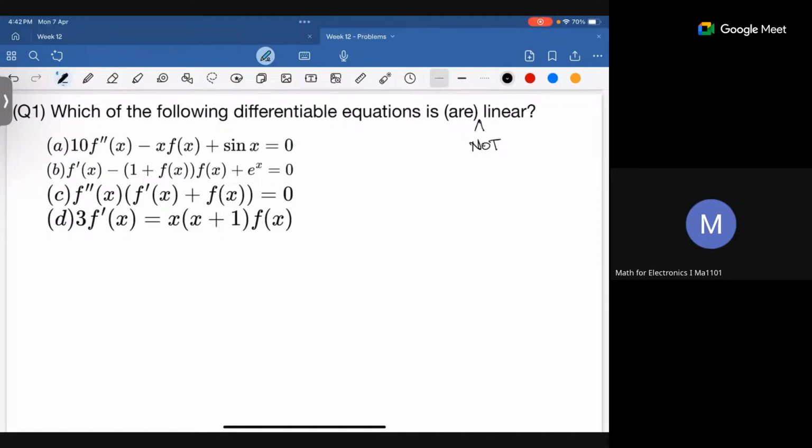So at least give me one linear. It's fine. Choose at least one of the options. If you think A, B are correct, you just choose A or B.